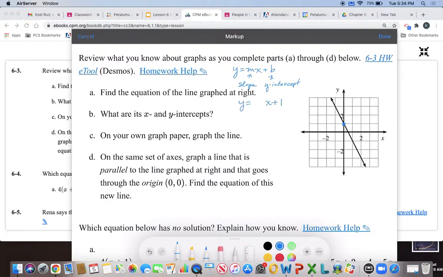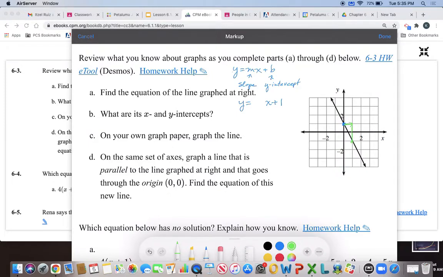Okay, so now we need to figure out what is the slope. So if we increase x by 1 by going to the right, then how far do we have to go and in what direction to meet the line again? In this case, we have to go down 1, 2 units to get to the line again.